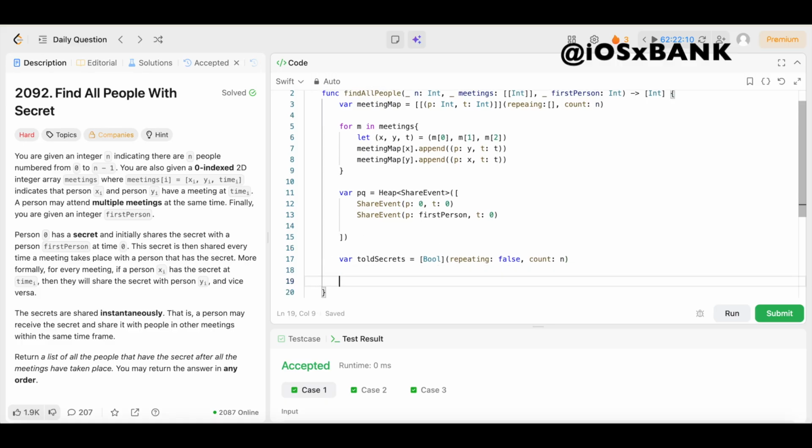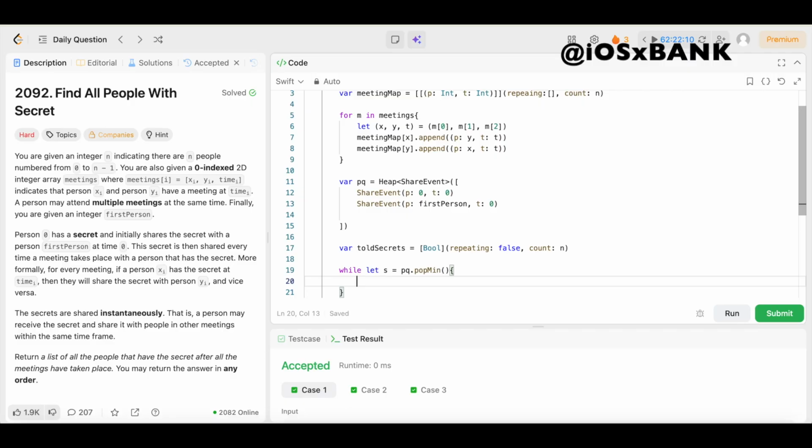Boom. Then we're going to process events in increasing order of time. So we'll come underneath this, and we'll say while let s equals pq dot popMin, put the parentheses, open up the brackets, and if this person already knows the secret, we can skip.